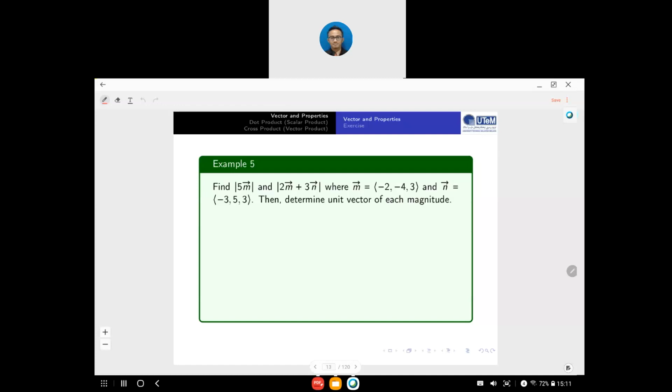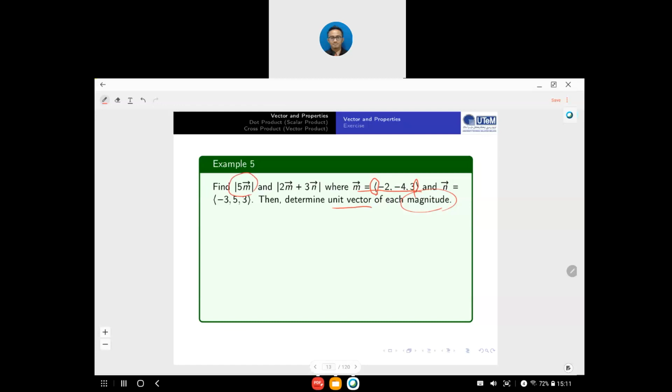It's already given in terms of a vector because it uses this bracket. And vector n equals [-3, 5, 3]. Then determine the unit vector for each. That means you want to find the unit vector for 5m and the unit vector for 2m plus 3n.